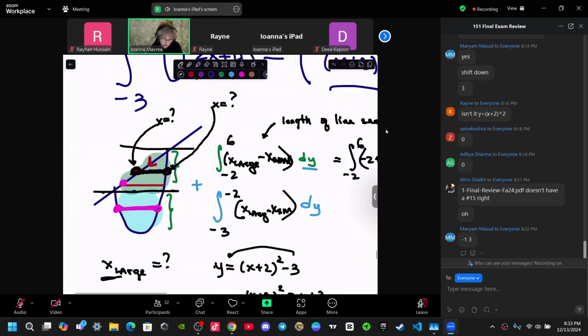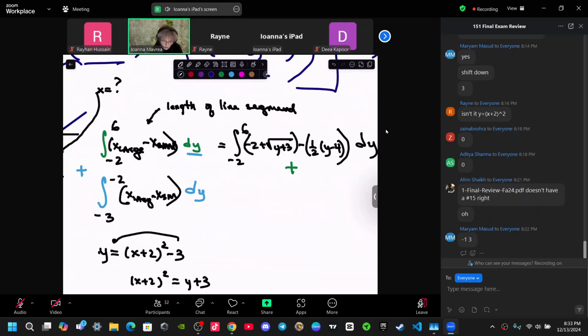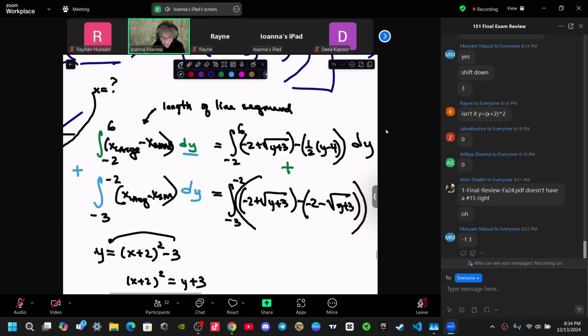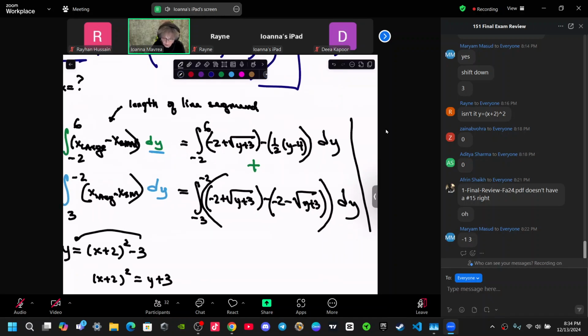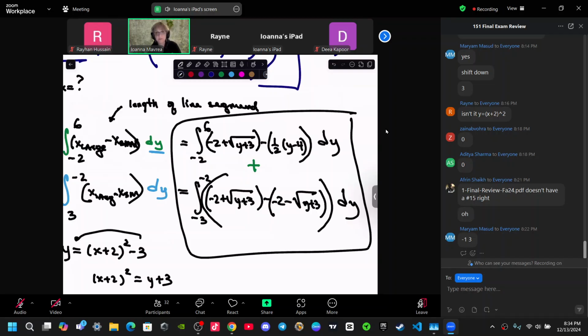The x large is again the right side of the parabola, and x small is the other part of the parabola. So this is the integral from negative 3 to negative 2 of the large x's on the parabola minus the small x's on the parabola, dy. So this is the sum, right?